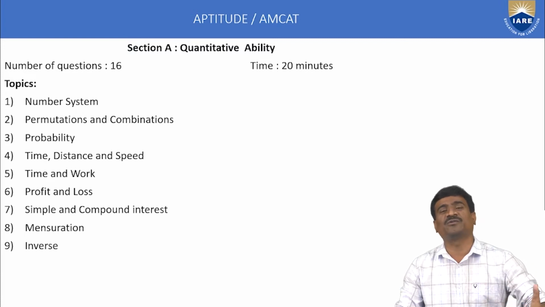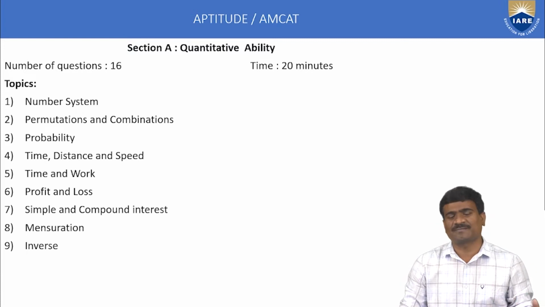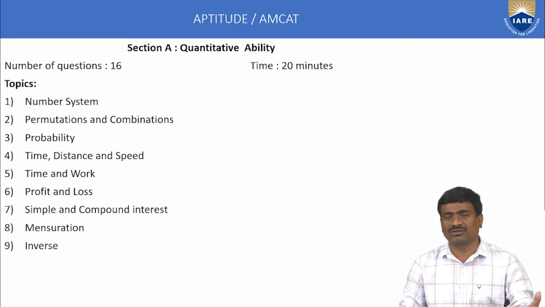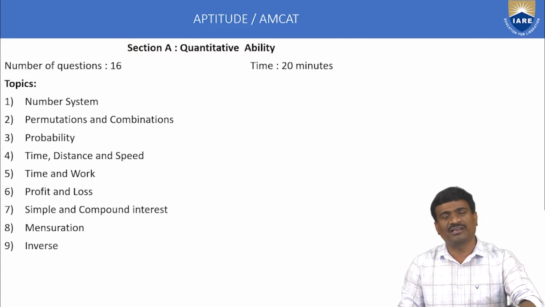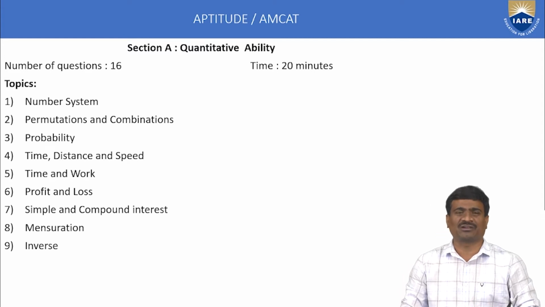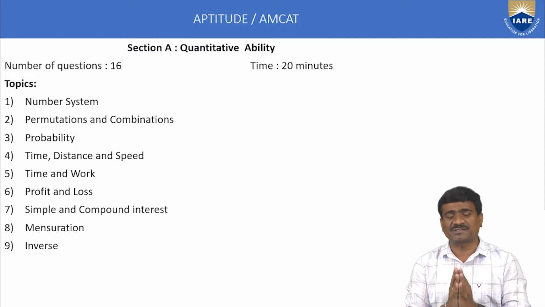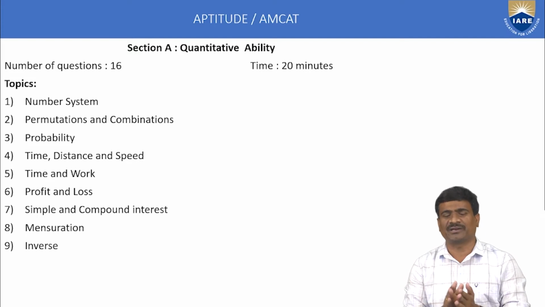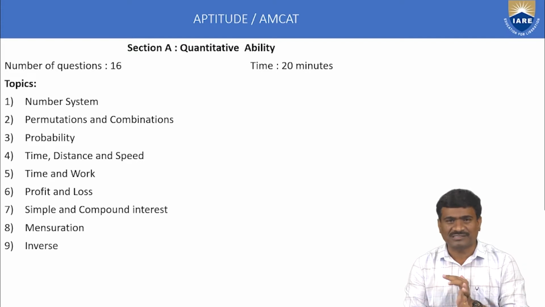Similarly, time and work concept analysis. Time and work is a lengthy and complex topic in quantitative ability, but the AMCAT examination concentrates only on the basics. First method, using only an operator, either plus or minus.